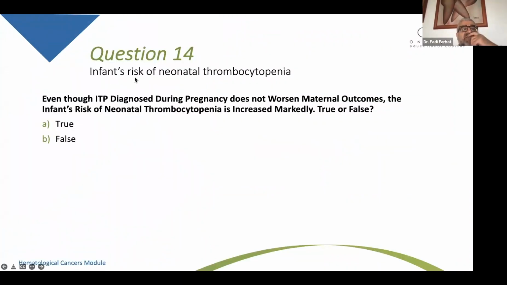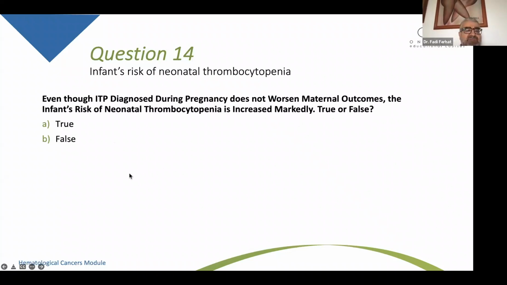Question 14, infants' risk of neonatal thrombocytopenia. Even though ITP diagnosed during pregnancy does not worsen maternal outcomes, the infant risk of neonatal thrombocytopenia is increased markedly. Is it true or false? So the risk of neonatal thrombocytopenia is increased markedly in case of ITP in pregnant women, or simply, neonatal thrombocytopenia is increased markedly if the mother has ITP.